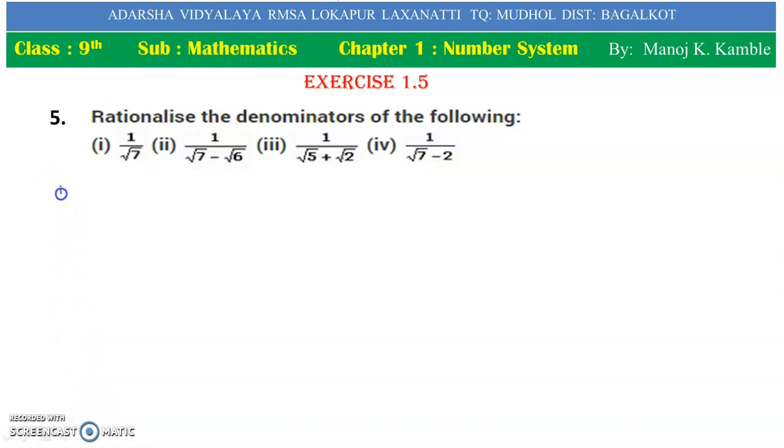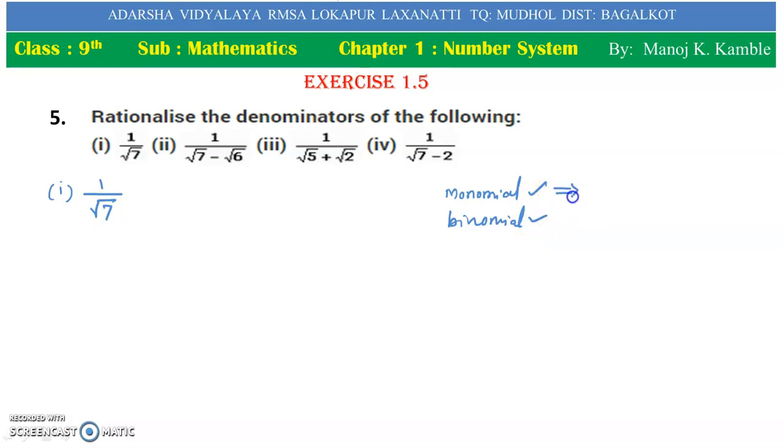First, 1 divided by square root 7. Here, one more thing to clarify. In the denominator, we have to first check whether it is a monomial or a binomial.